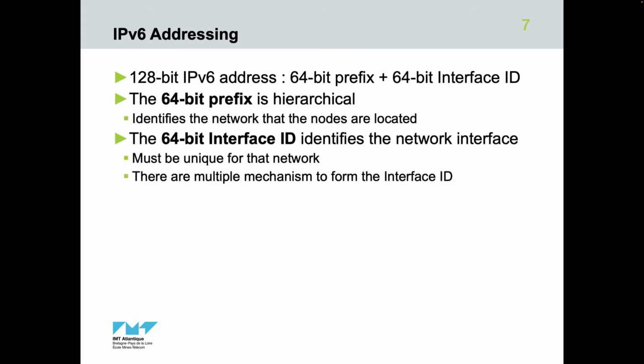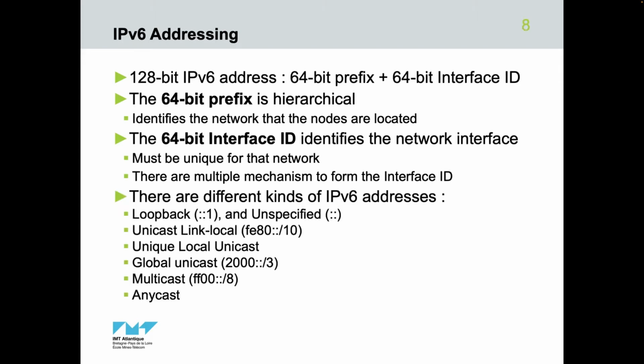The 64-bit prefix of an IPv6 address can be considered like the subnet mask used in IPv4 addresses. So the prefix identifies the network in which the nodes or the routers are located. Then the 64 bits of the interface ID identify the interface of a node in that specific network that the prefix previously identified. As simple as that.